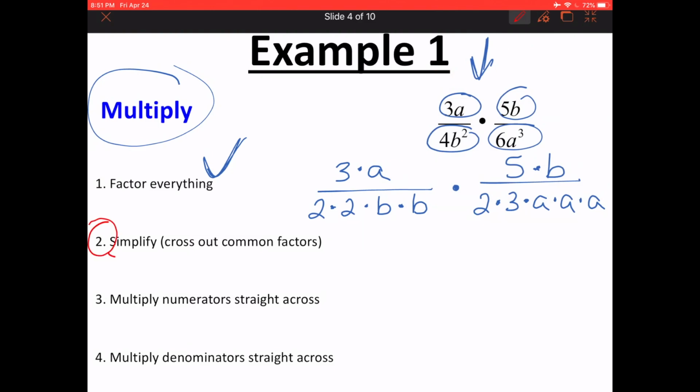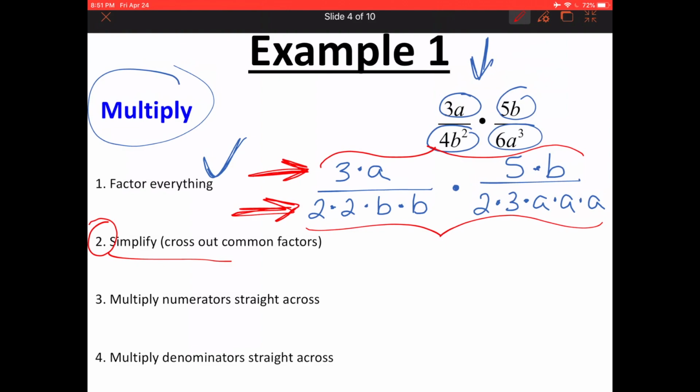Now let's go to step 2, which is simplify, crossing out common factors. Now, you can cross out anything in the numerator. It doesn't matter which side it's on, as long as it has a corresponding factor in the denominator. Okay, so for example, this A can still cross out that A. So if there's an A on top and an A on the bottom, it doesn't matter where they are, they can cross each other out.